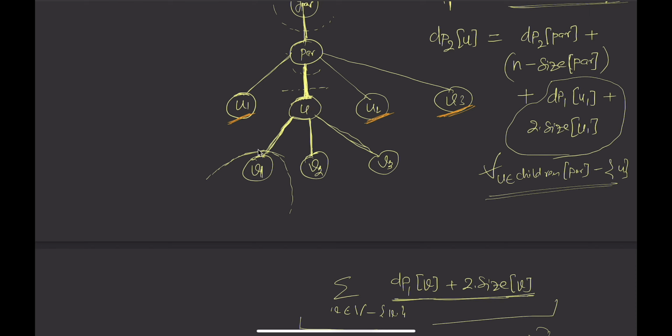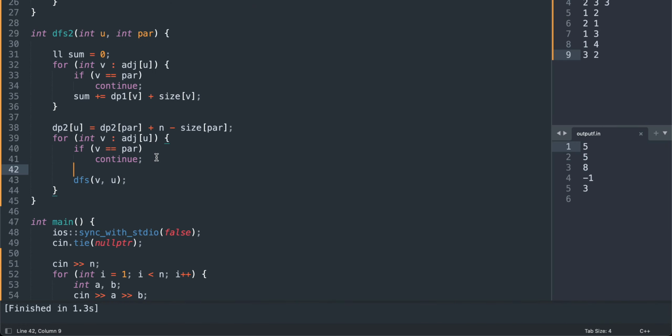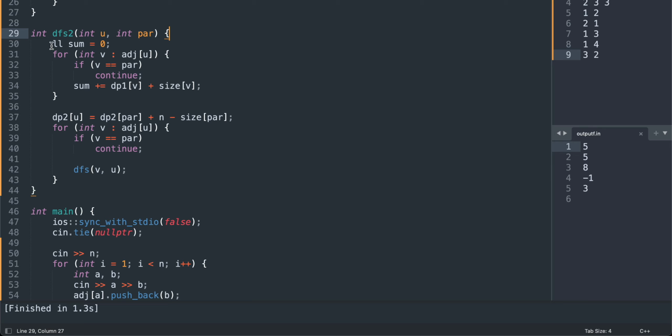No. When I call the DFS on v1, I need to know dp of u. No, no, I think it is wrong. What is this sum?